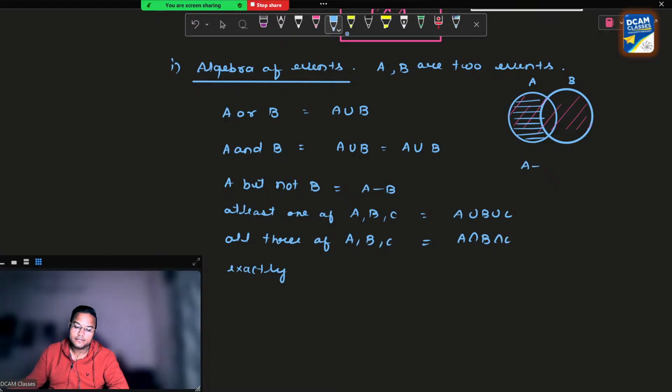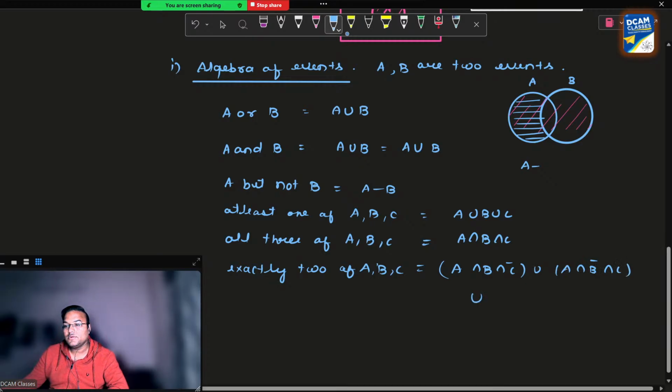Exactly two of A, B, C will be A intersection B intersection C dash union A intersection B dash intersection C union A intersection B intersection C.